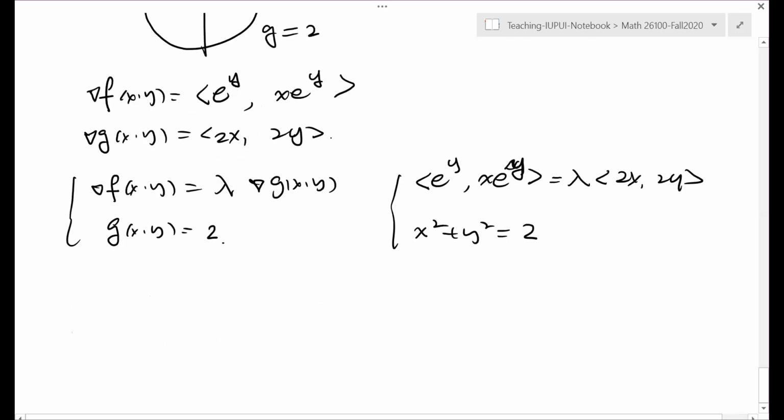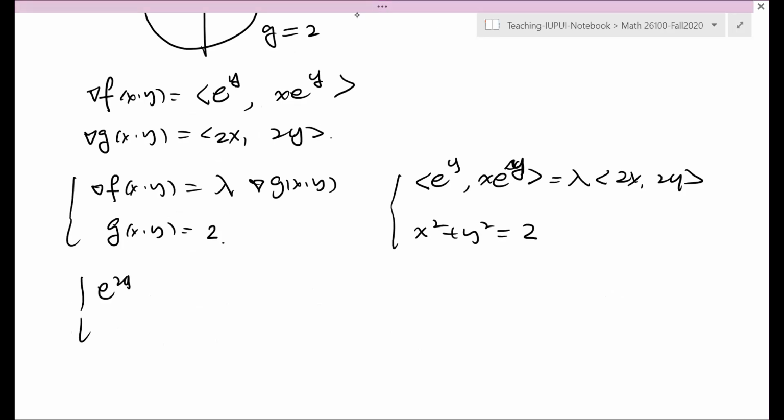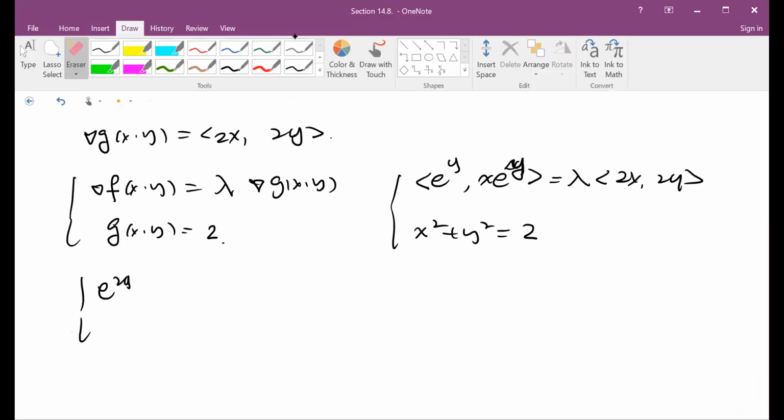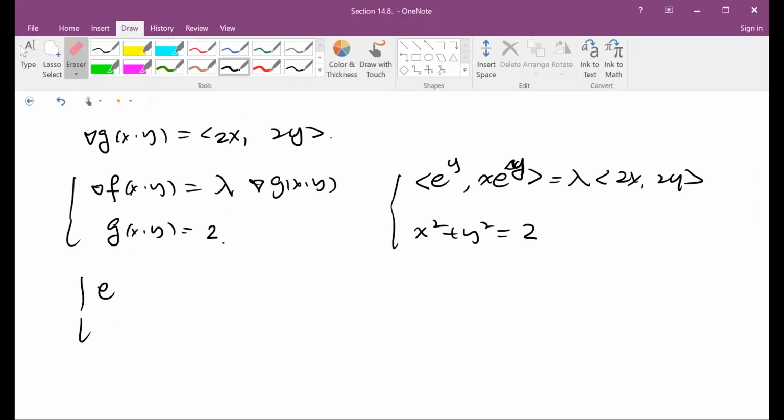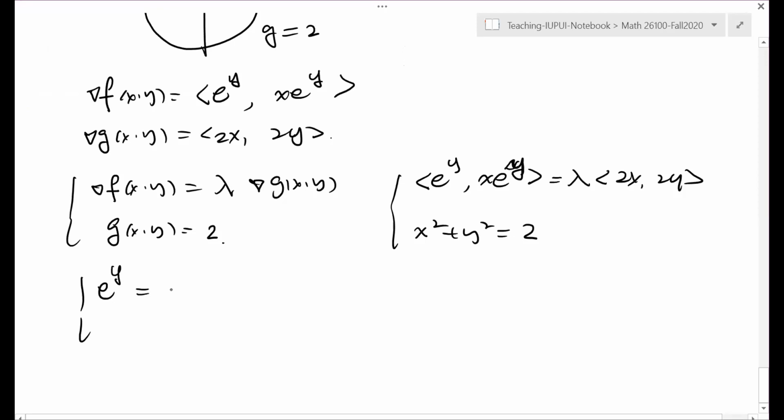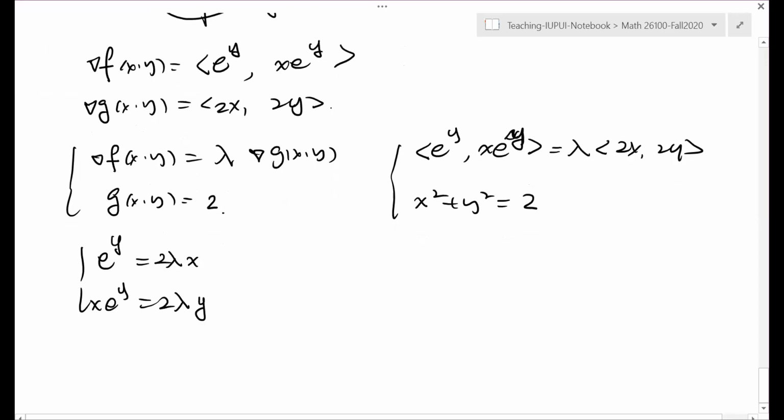So first of all, you have to solve: the above vector equation breaks into two equations. E to the y equals 2 lambda x, x e to the y equals 2 lambda y, okay? Then you have another equation, x squared plus y squared equals 2.